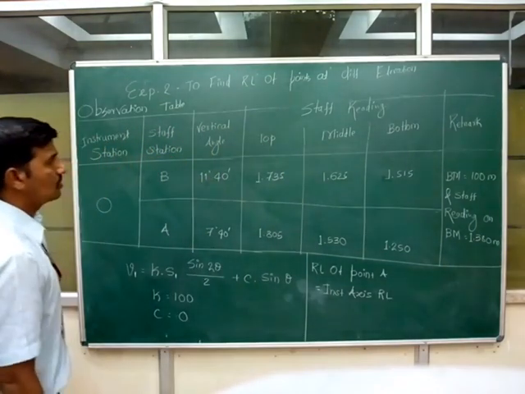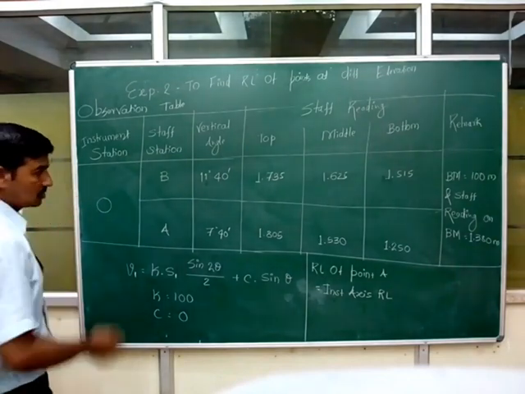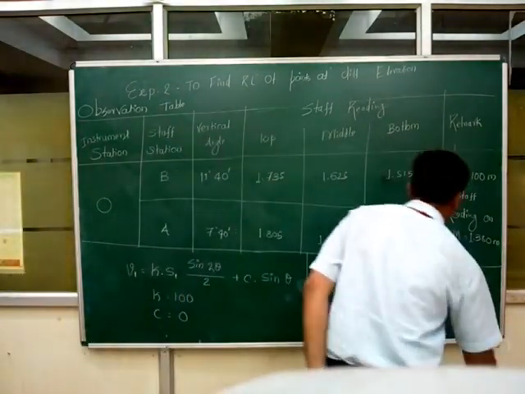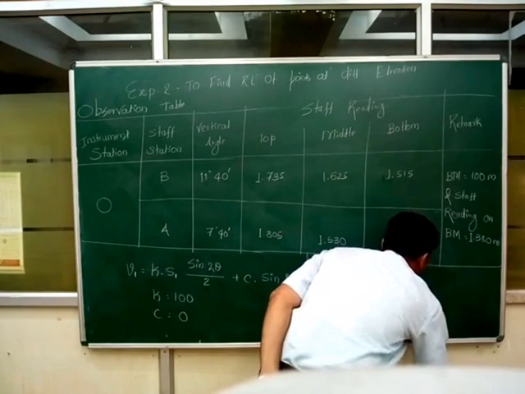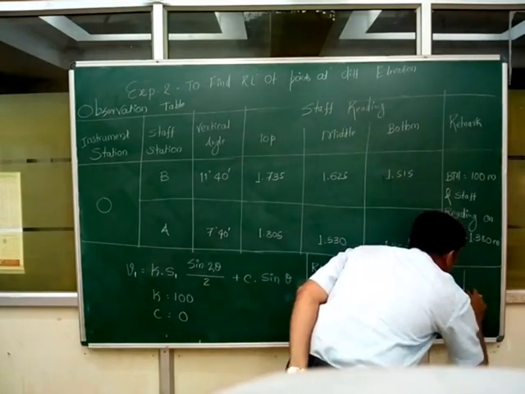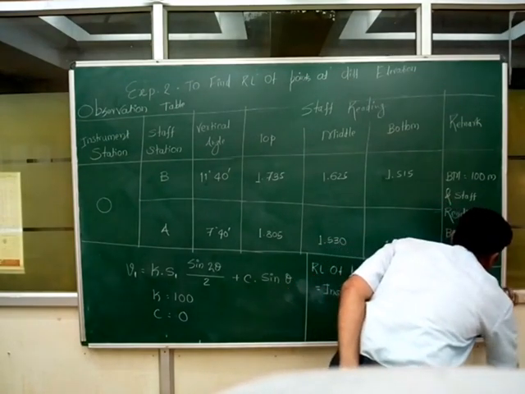Now to visualize this, I have to draw a small sketch. Let us say I have kept the instrument over here. This is the staff and I have bisected like this, and say this is my instrument axis.